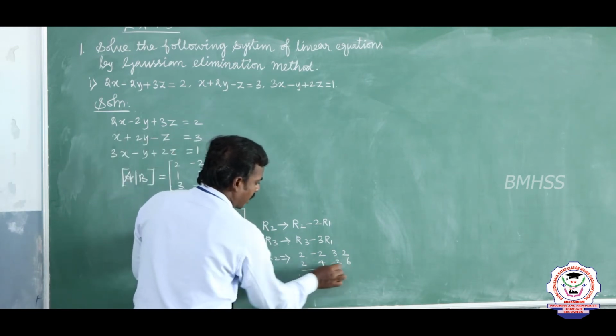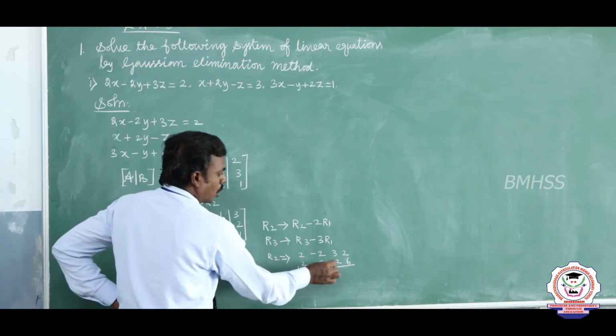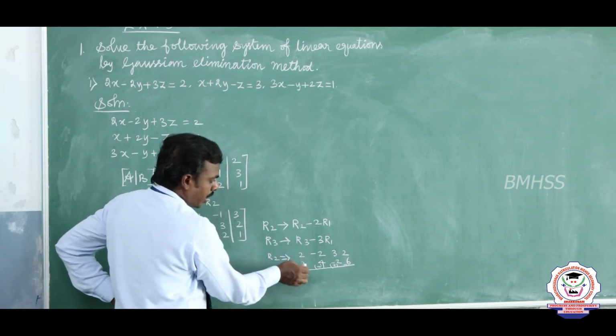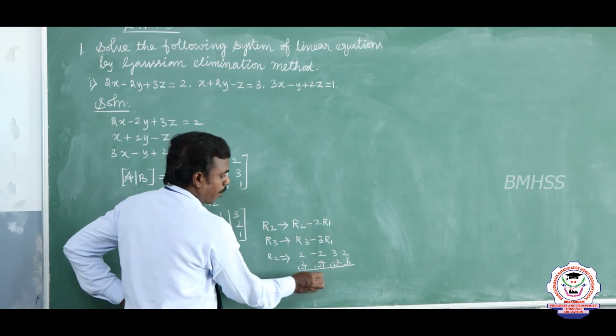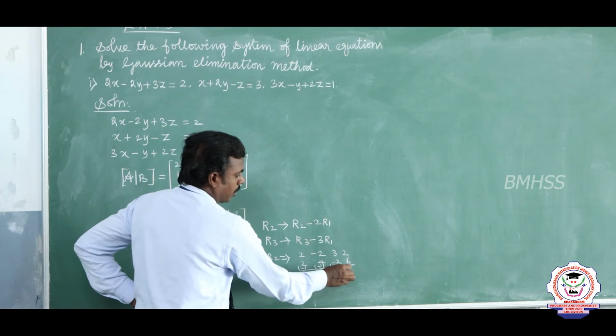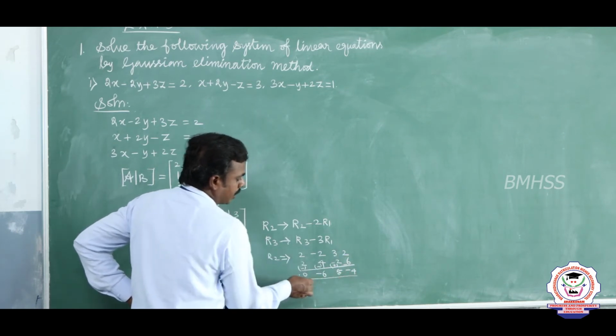Now I am going to subtract this. If you subtract, every sign will change. 2 minus 2 is 0. Minus 2 minus 4 is minus 6. 3 plus 2 is 5. And 2 minus 6 is minus 4. This is the second row.